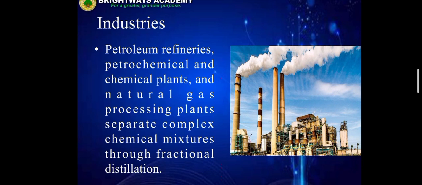The big industries, like those that make gasoline and kerosene, also undergo a lot of processes to produce the petroleum or chemicals we use every day. All the things we use in our daily life undergo a lot of processes before people use them.